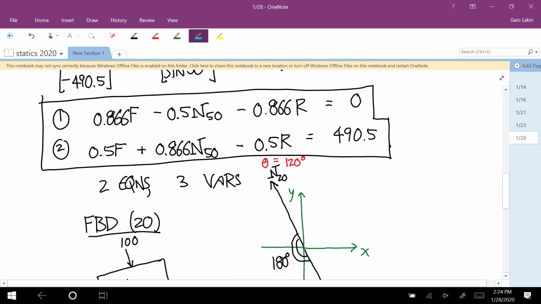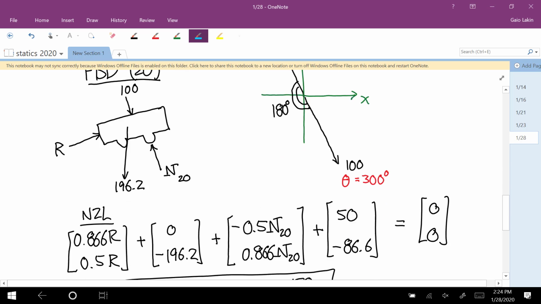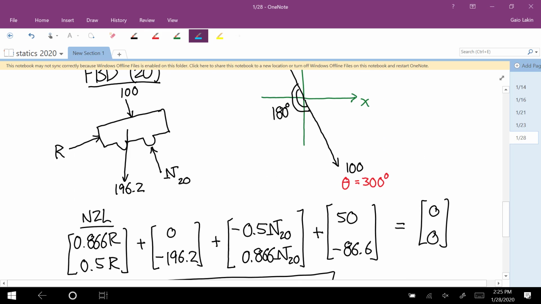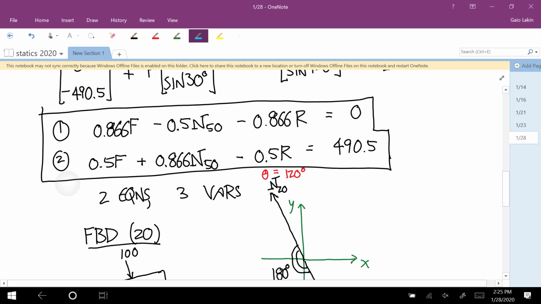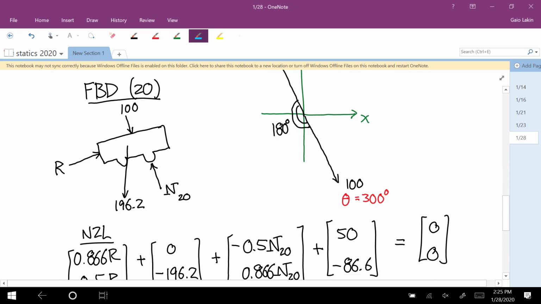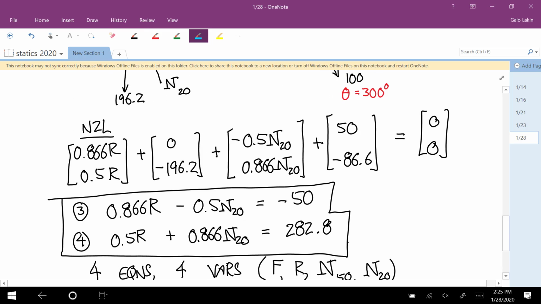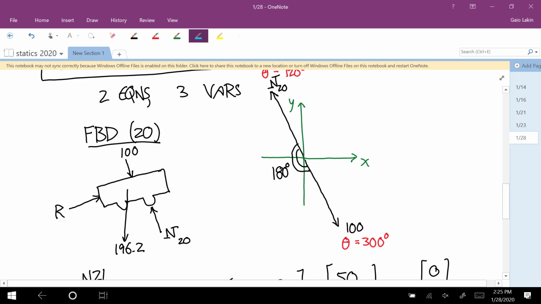Okay, so for equation 1, F's, we have 0.866. R's, we have negative 0.866. N50s, we have negative 0.5.